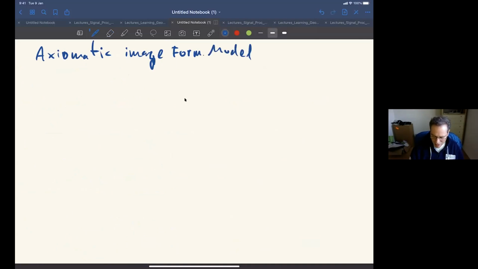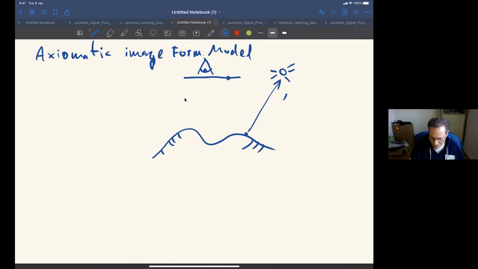Remember that when we started this course, I told you that if I'm looking at an object from far, far away, and now I assume that this object is a perfect diffuser in the sense that there are no specularities, then the color at each and every point in the image I'm looking at would be proportional to the inner product between the light source direction and the normal of the surface at each and every point.